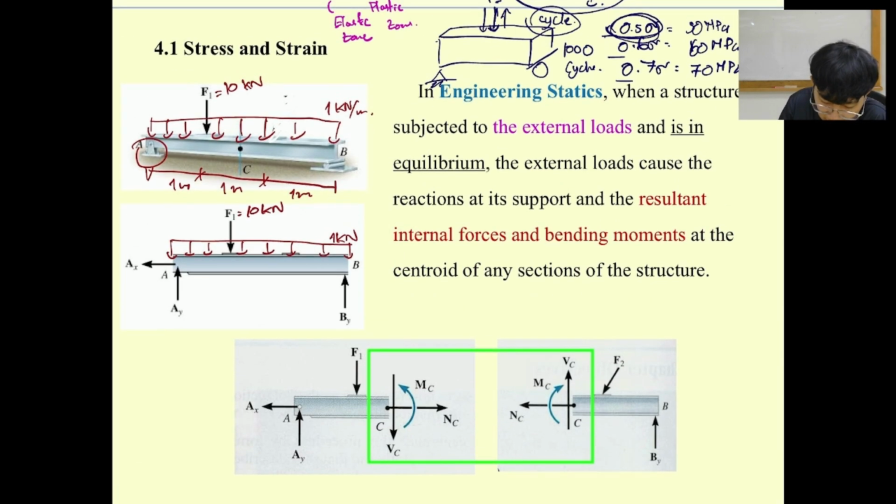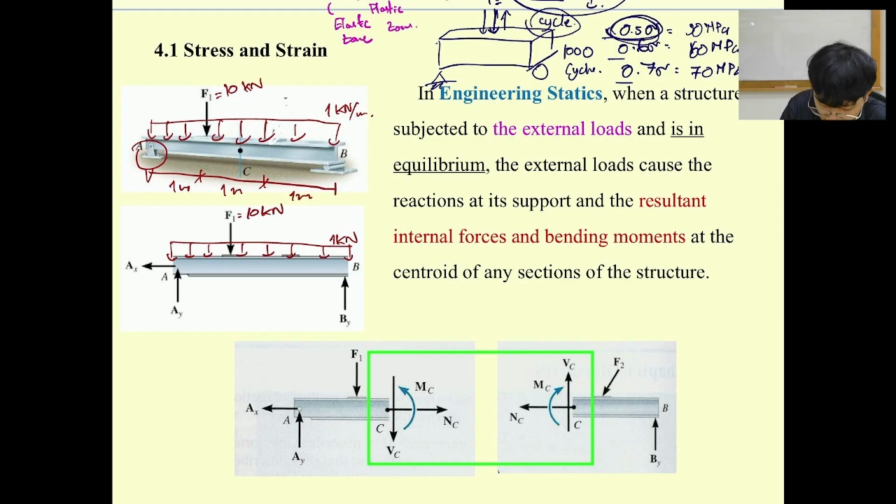For example, if I would like to solve this, I'm going to take a moment. Summation of moment at point A equals 0. I count positive clockwise.